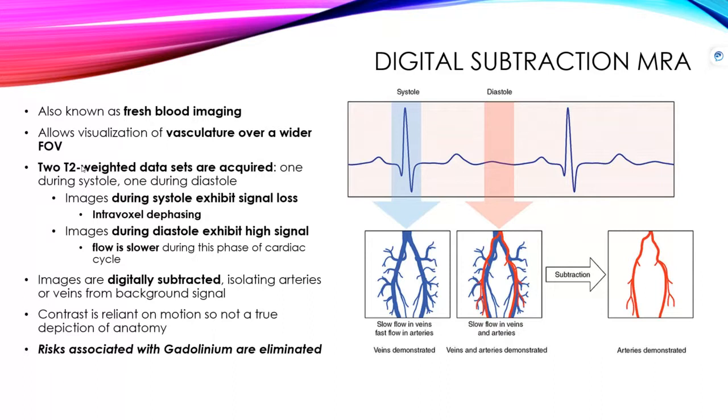We're gonna use gradient echo, we're gonna use T2 weighting, we're gonna inject contrast, etc. So we're gonna use 2 T2 weighted images. One is gonna be acquired during systole, and one is going to be acquired during diastole. And we're going to subtract one from the other so that we can get that nice demonstration of the arteries and the veins. We're going to isolate the two from each other, and we're going to be able to see them separately.